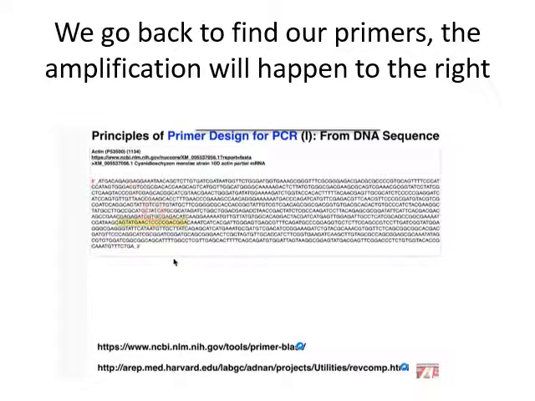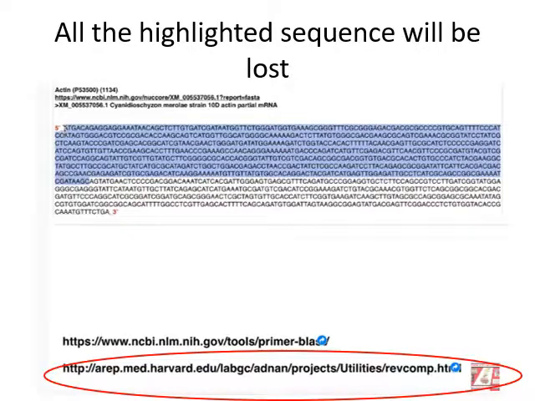These sequences will be lost. This shows all the sequence that will be lost if we use the first set of primers. Even if we use the second or the third or the 10th pair of primers, they will show up in the middle and will not select the whole gene.